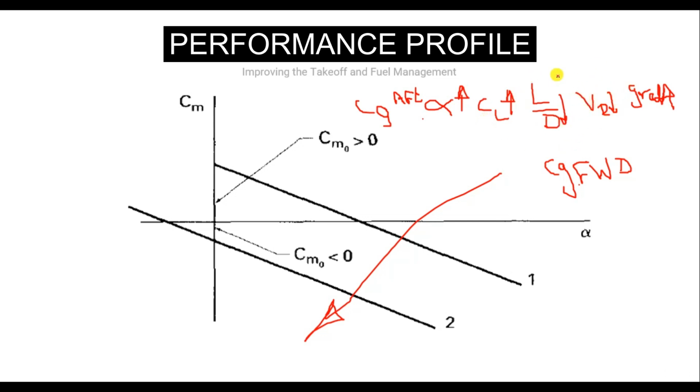Less speeds means I need less lift over drag, and then a higher gradient to be able to overcome the obstacles. Less speeds means I will consume less fuel. And this means the aft CG will consume less fuel. This takes us to what we call improved climb takeoff.